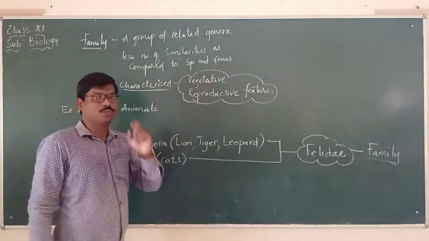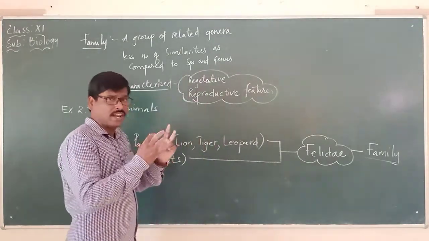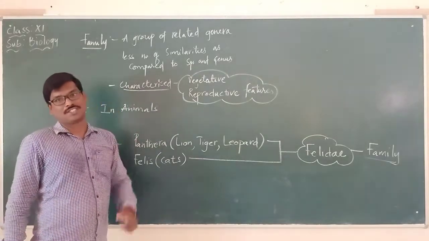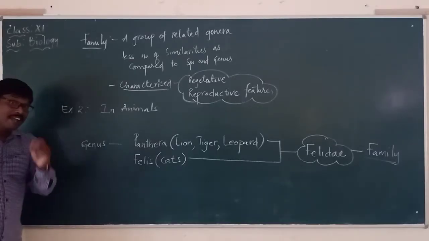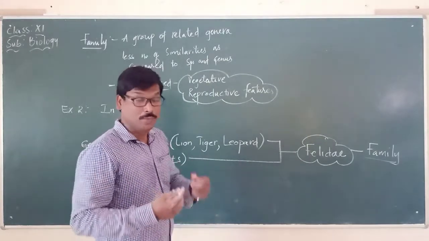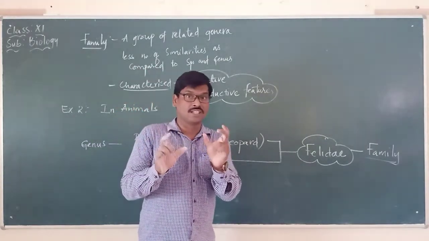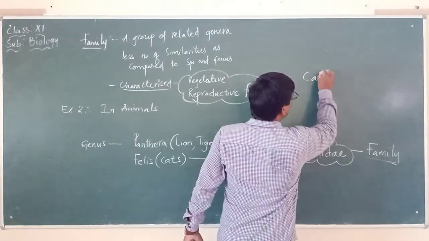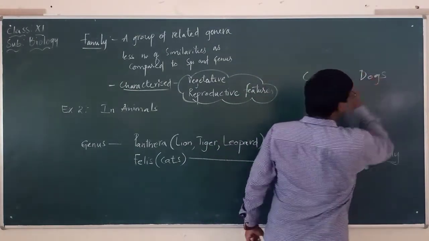Now you may get a doubt, if you are clearly trying to follow this: how about the dogs? What about the dogs, which are also sharing some similarities, and there are differences between the cats and the dogs. Please remember, cats and dogs also share some similarities and also differences.